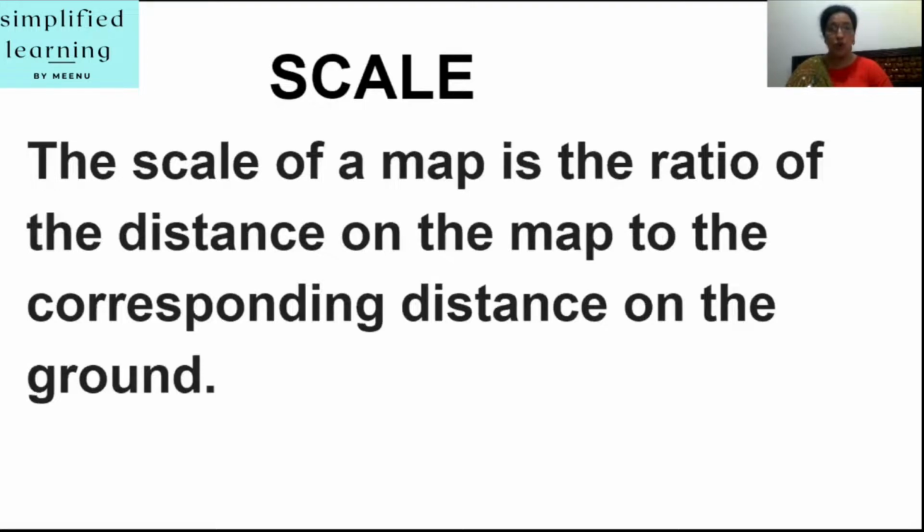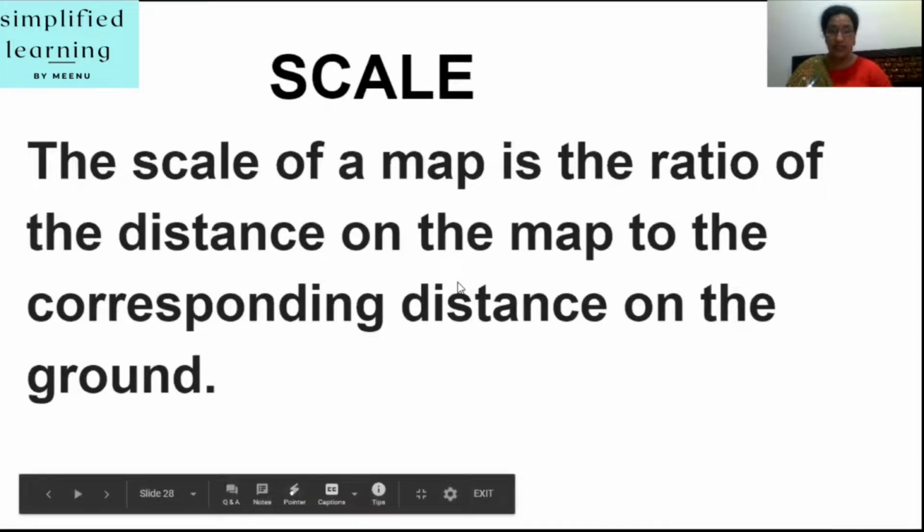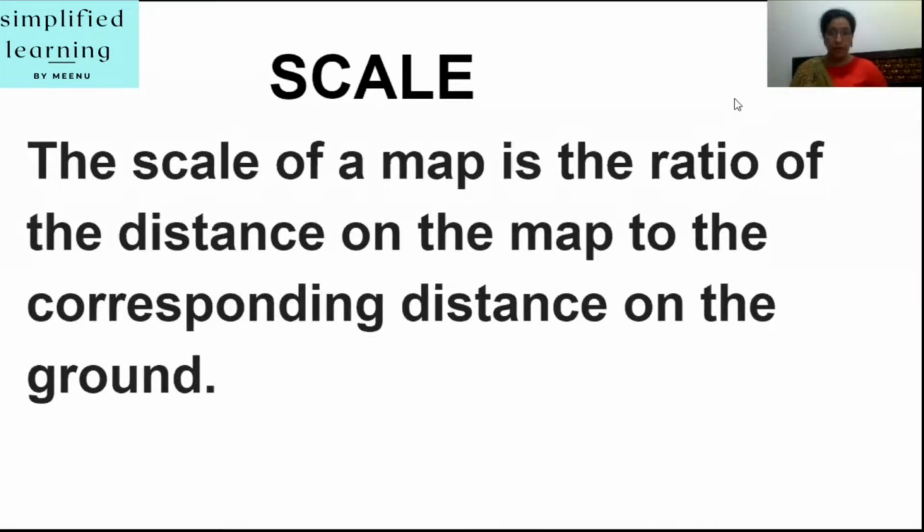Whether the scale is drawn out or written, you can easily calculate the distances if you know the ratio. I'll tell you how. In simple words, we can say a scale is the ratio of the distance between two places on a map to the actual distance between the same two places on the ground.